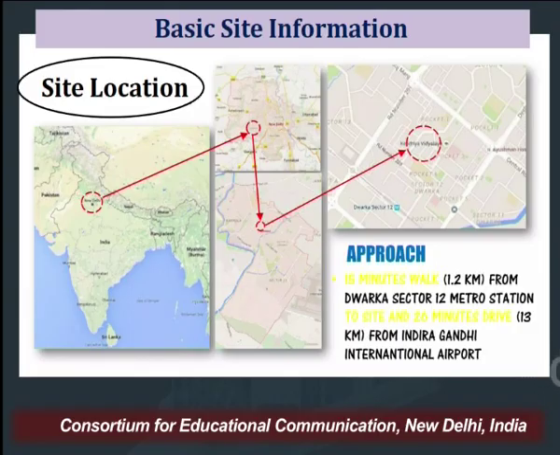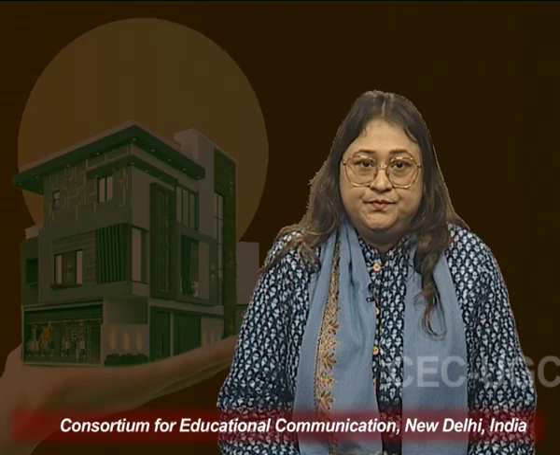For example, the site shown is from Dwarka, which is 1.2 kilometers from the nearest metro station of sector 12. All this information has to be given when you are showcasing the site location.